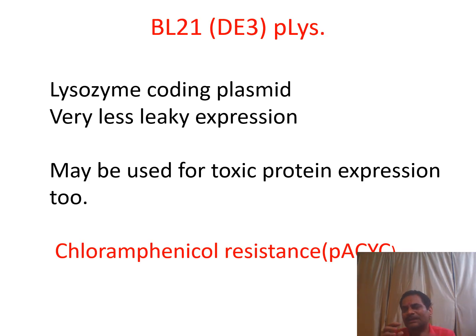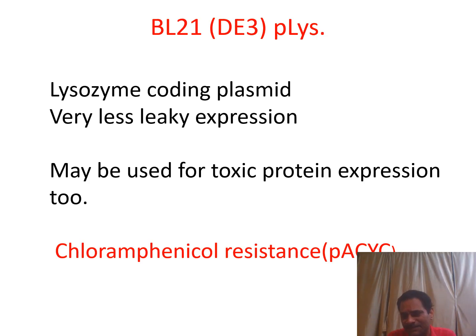Now suppose there are 5 lysozyme molecules per unit time. They are capable of binding or inhibiting only 5 molecules of T7 RNA polymerase. So 95 are free, and they are capable of binding. So there is rapid production of your protein.